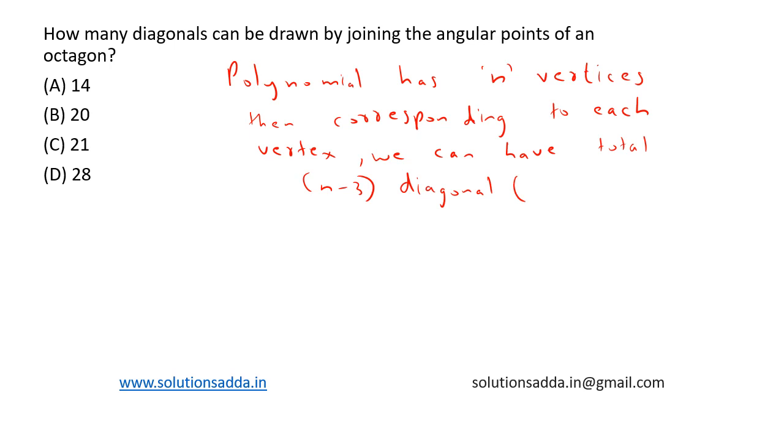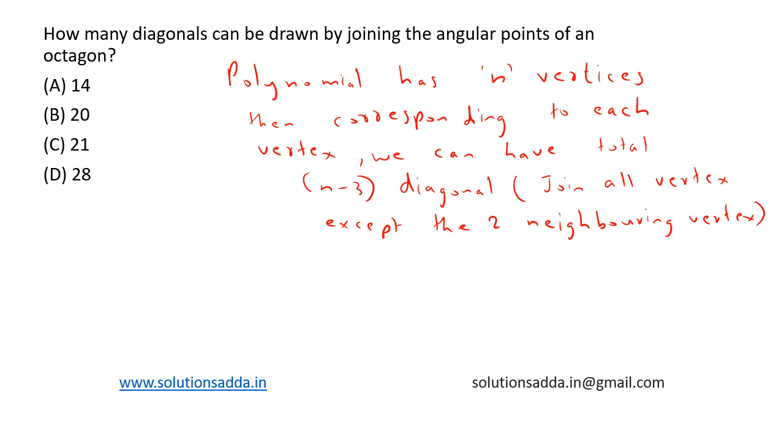That is, join all vertices except the two neighboring vertices. So for all vertices except the two neighboring vertices and the same vertex, we can join any other vertex.